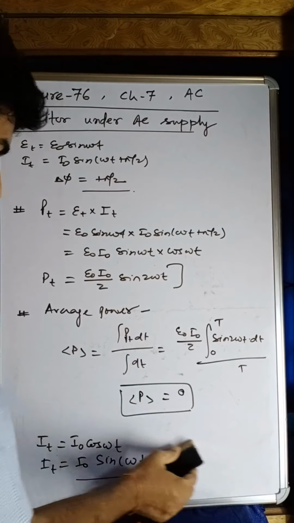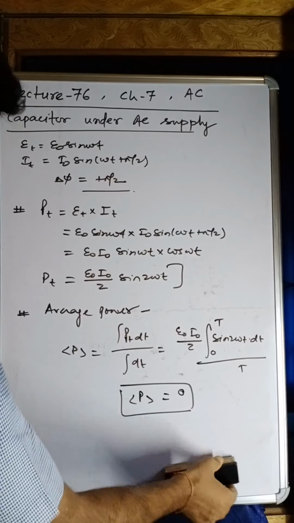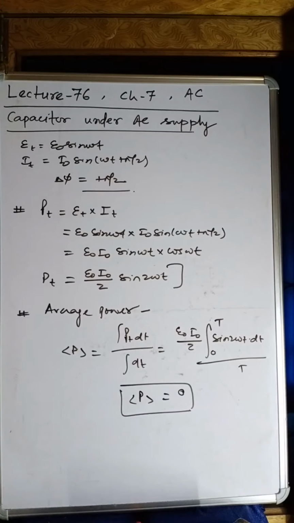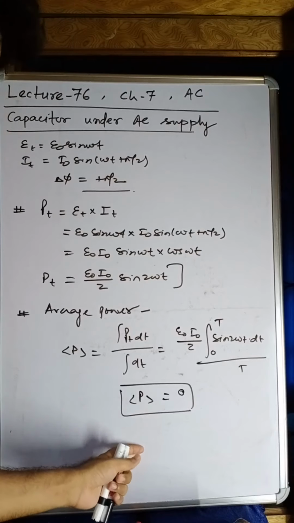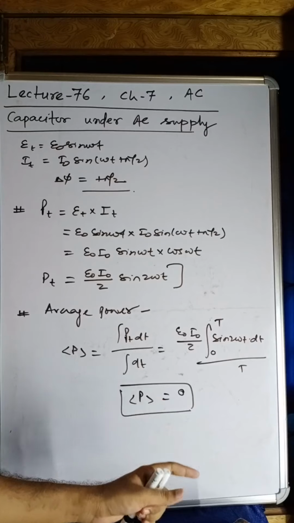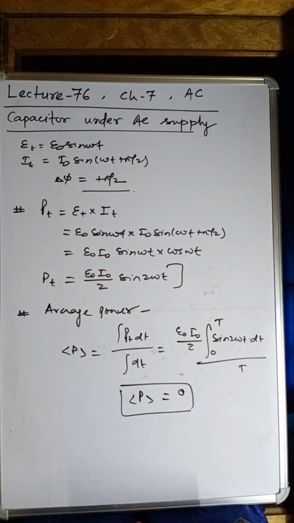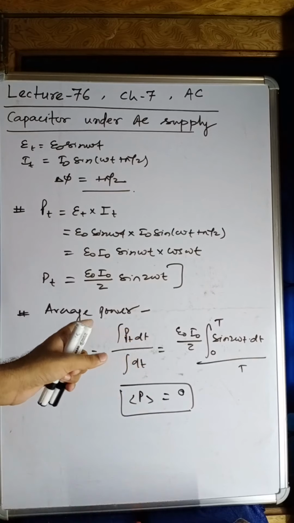For the capacitive circuit also we get a current, and it is termed the wattless current, because there is no power consumed even though current is flowing through the circuit. That's why it is called wattless current.